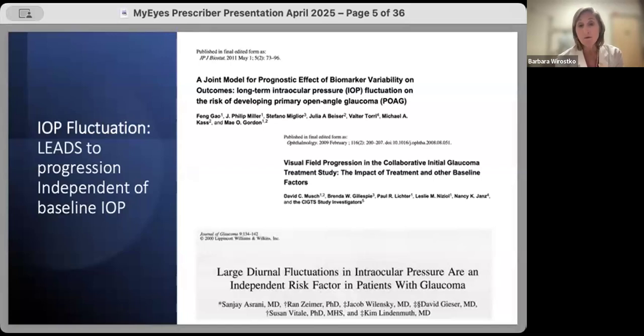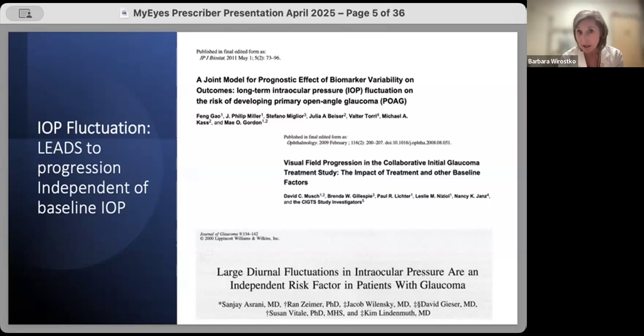The most interesting paper, I think, is the SIGITS paper. That's the one in the middle by David Musch. And that looked at IOP fluctuation and progression over 9 years. So what they found was that independent of where that baseline IOP was when the patient entered the study, if a patient was having more than 8.5 millimeters delta change, that was directly correlated with visual field progression.